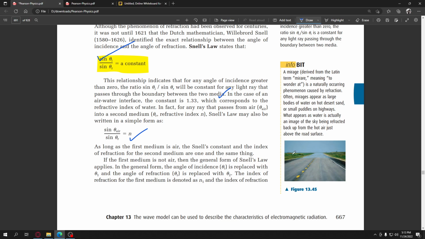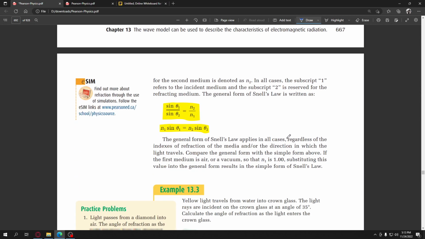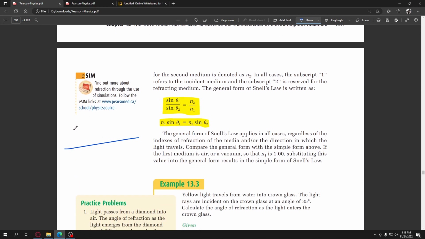If I explain a bit more, if it is air on this side, a ray is coming in and there's a normal, and this is glass, then the refractive index of glass and the Snell's law constant, if we found it using this I and R, would be the same thing. Alright, so obviously here's a manipulation of the Snell's law formula.